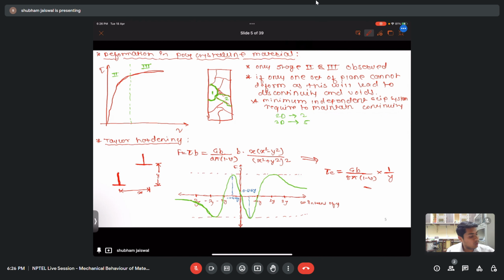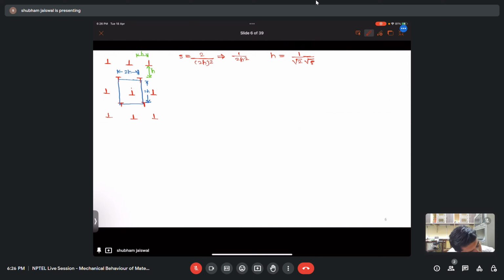And if we put this value of h in the equation that we got here, we get tau naught is equal to alpha Gb into root rho. So this is the expression for Taylor hardening.